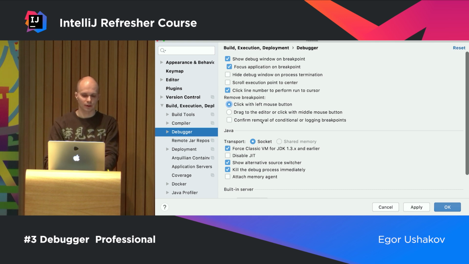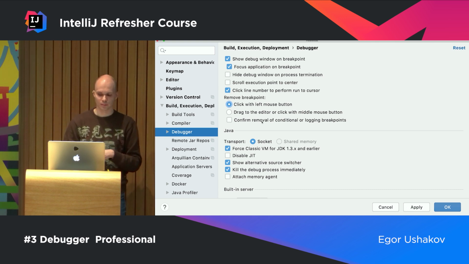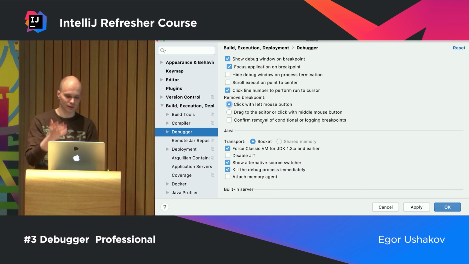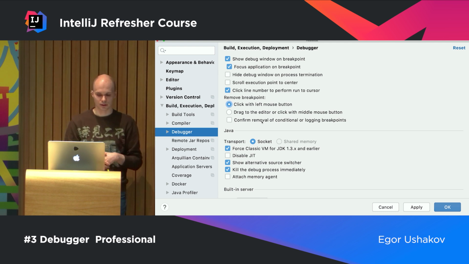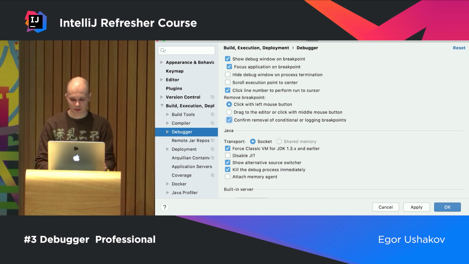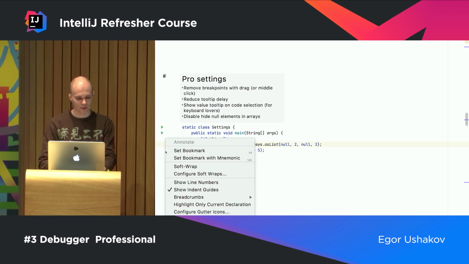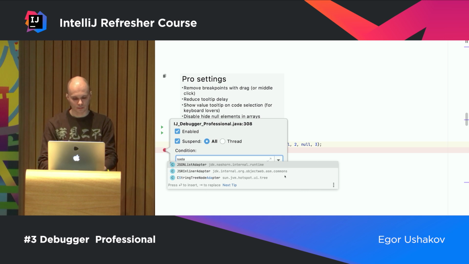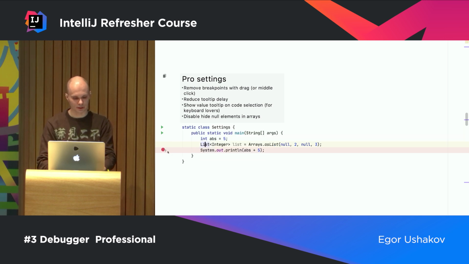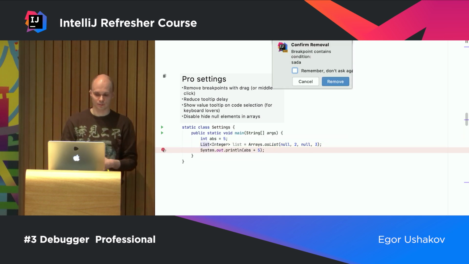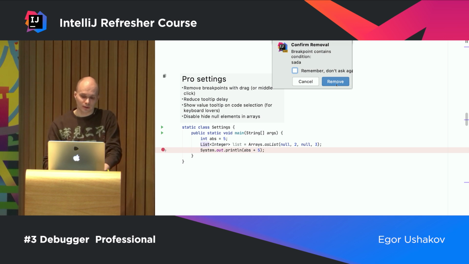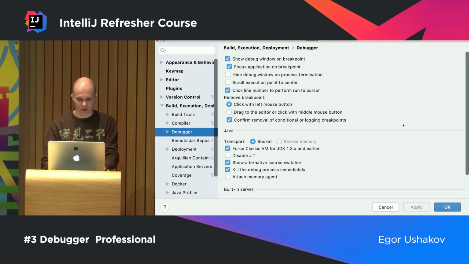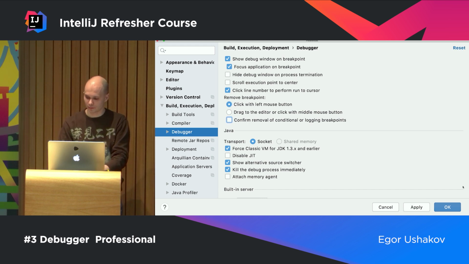Also, we have the confirm removal of conditional or logging breakpoints. So if you don't want to be that radical and change the behavior, you can enable this. And if you have a breakpoint with a condition, it will ask you every time you want to remove this breakpoint. I don't know, for some people it is useful, but I find this radical way of removing breakpoints more useful.